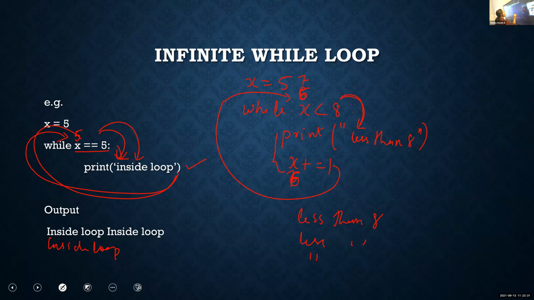After that, x plus equal to 1, the value is 8. Here it will check 8 less than 8. 8 less than 8 is a false statement, so it will stop the execution of this code. Then it will stop the program and it will have printed 3 less than 8 messages.